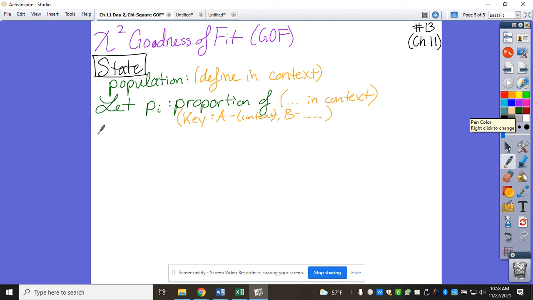So my null hypothesis is the way my proportions are going to be set up. If they give me proportions, then my null hypothesis is the proportions they give me.